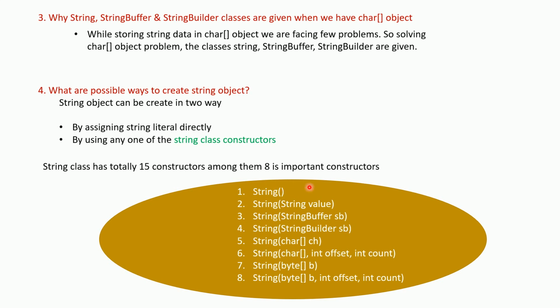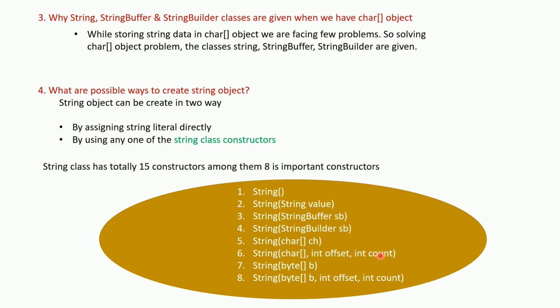String without a parameter, String with a parameter, String with a StringBuffer object, String where we pass a StringBuilder object, and String where we pass the character array. Then there is the starting index, meaning int offset and int count: from the starting index, wherever you want, how many characters you want, we will count from this.